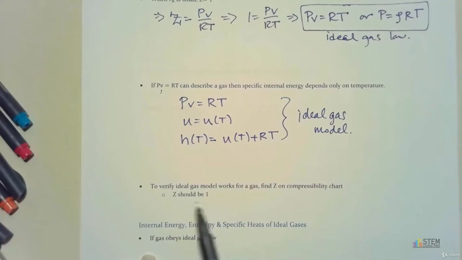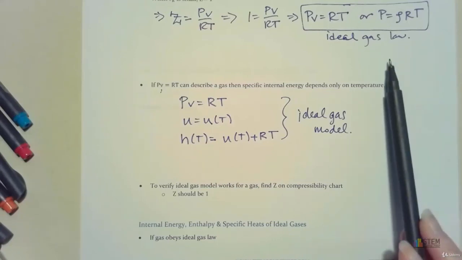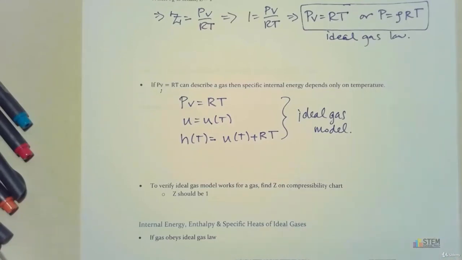All right, so if you get Z when you look it up after you find your reduced temperature, reduced pressure, if it's 1, ideal gas should be perfectly fine to use. And that will give us another equation to use. So that's the purpose of the compressibility chart. It allows us to see if we have ideal gas or not.